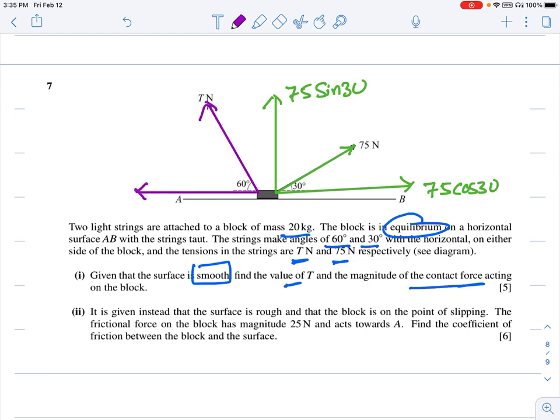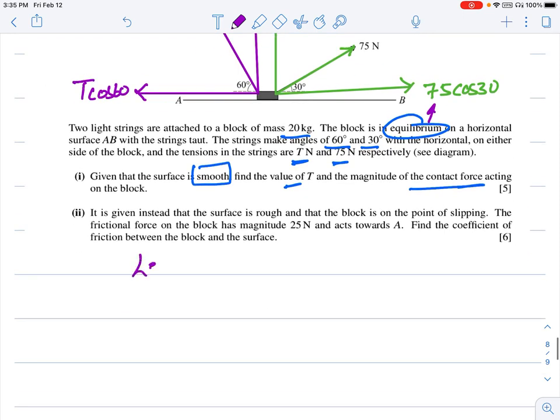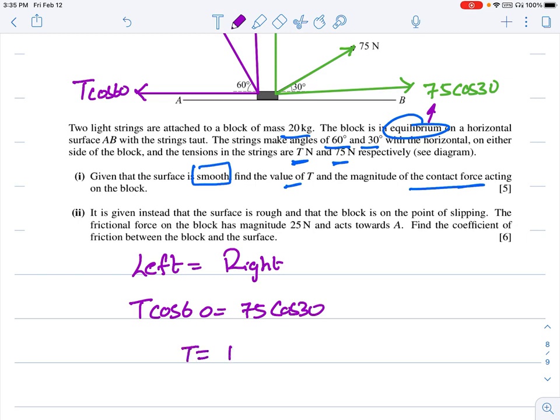It becomes horizontal and vertical, T cos 60 and T sin 60. Now because the particle is in equilibrium, left side force should be equal to right side force. So left side force is T cos 60 should be equal to 75 cos 30. From there I get the value of T as 130 newtons.